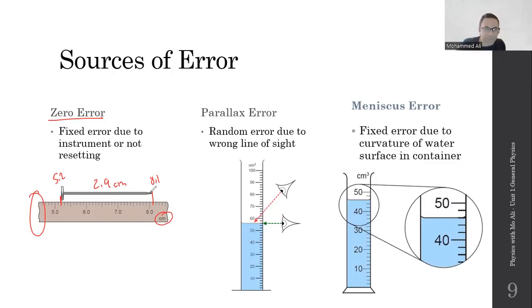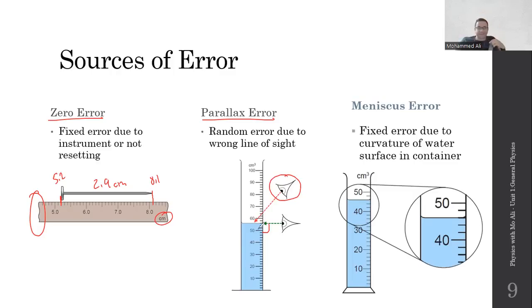Very good. Parallax error. That's when you don't look at something properly. You're supposed to look at an instrument perpendicular to the scale. So you're supposed to hold this ruler and look perpendicular to it. But you're not supposed to look at it above or below it at an angle.